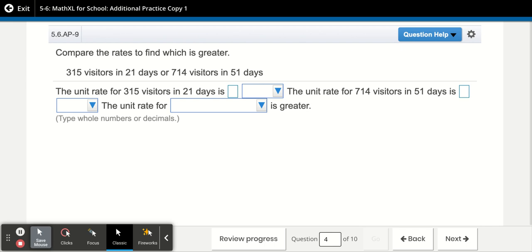So we want to compare these rates and see which is greater. Are we talking early November, with a lot of shoppers in December, or fall when school's back in, versus the summer when people are on vacation? We're looking for the greater value. So we're going to need to find the unit rates for each of these.